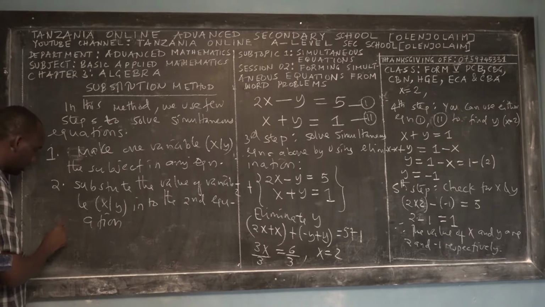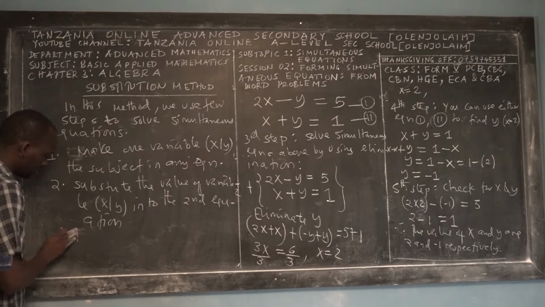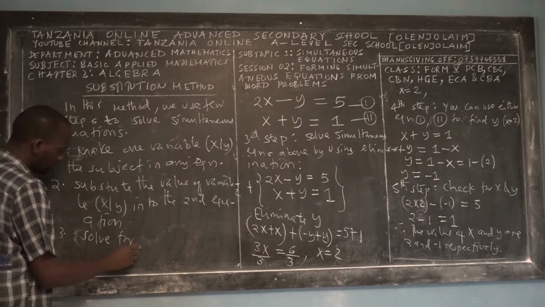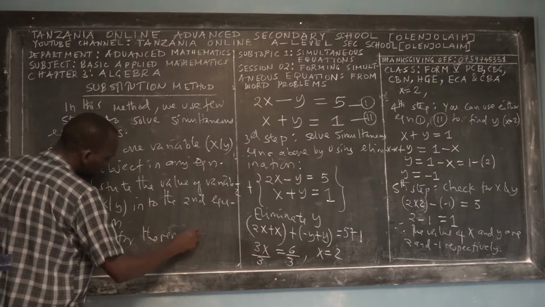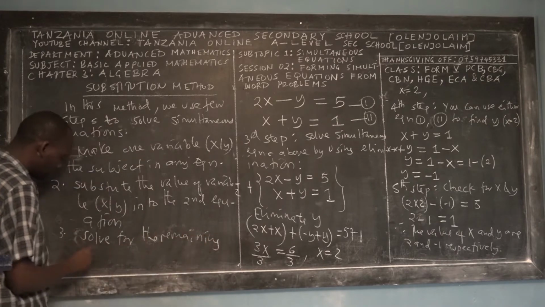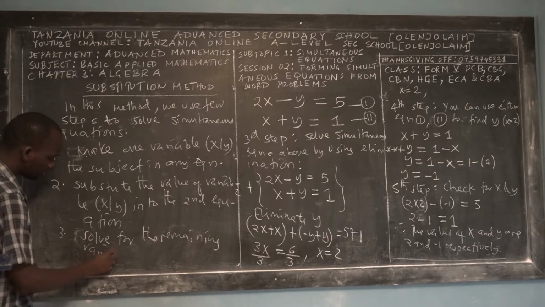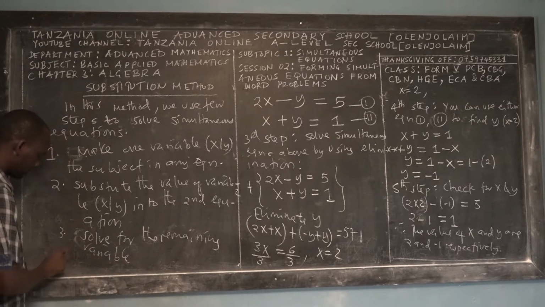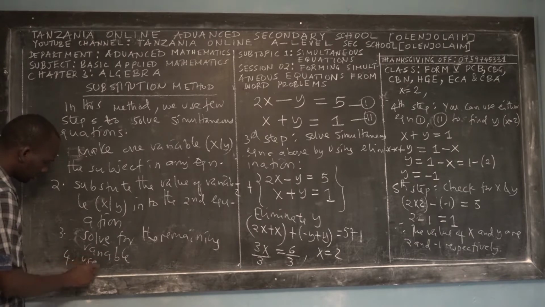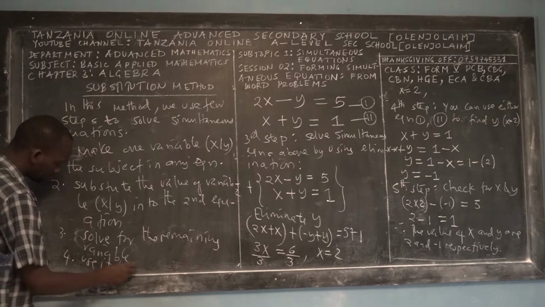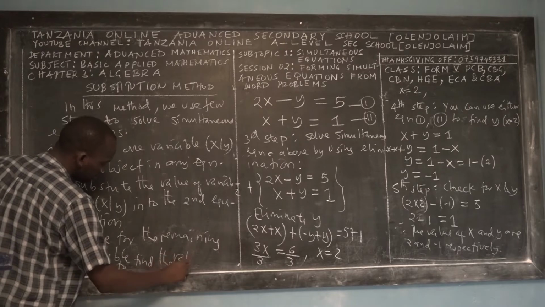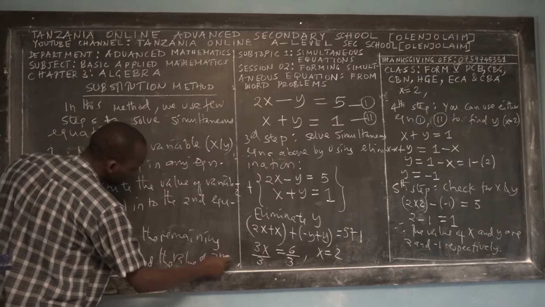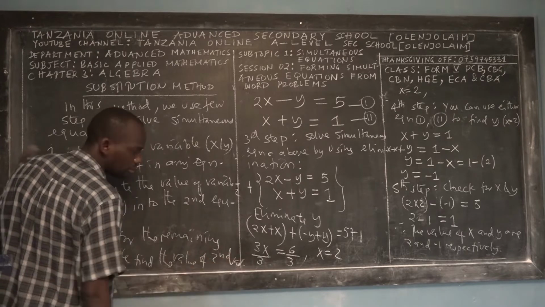Then we solve for the remaining variable. Then fourth, we use it to find the value of the second variable.